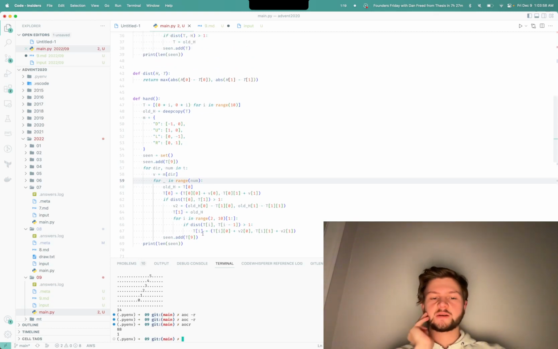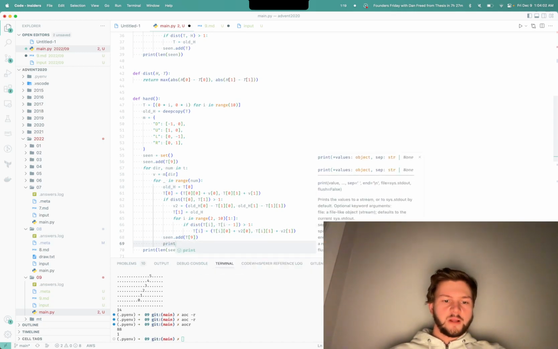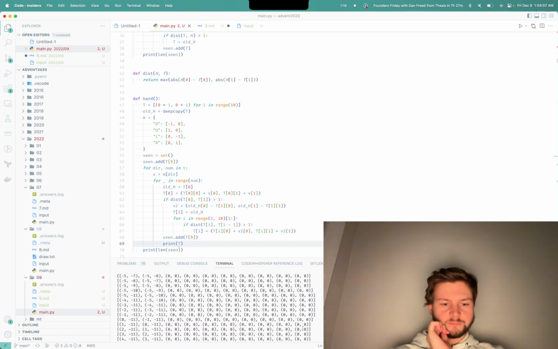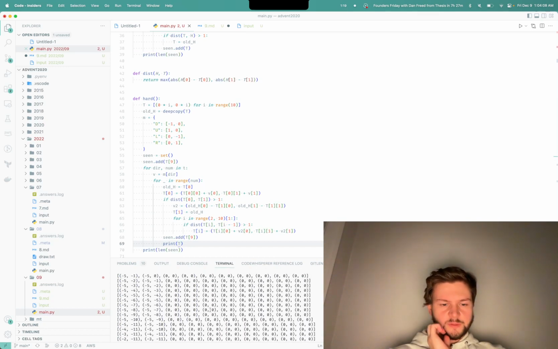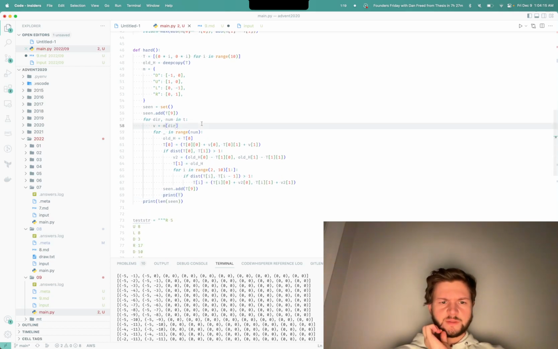I don't want the drawback. Well, let's just print T. So these two are one apart. So how did this happen?